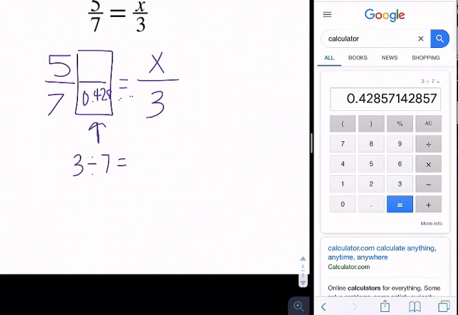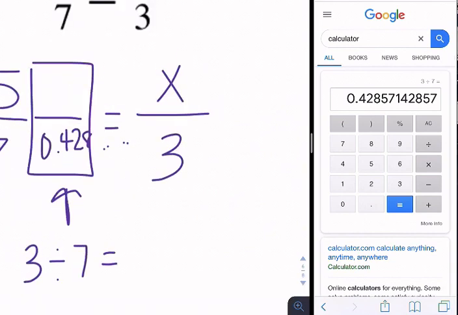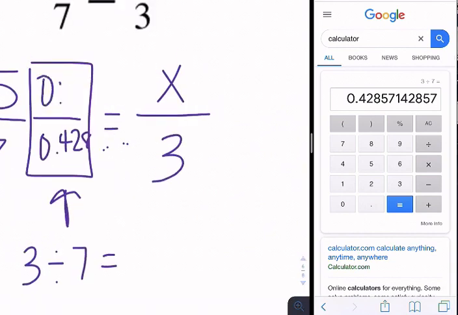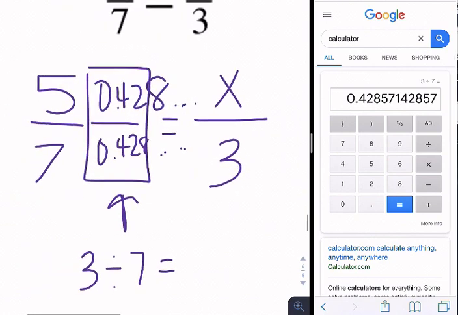So I know that this decimal is going to go in there. So I know it's also going to be 0.42 blah, blah, blah, 8 to get x. And I need to multiply that by 5. So instead of doing 0.43, I'm not going to round it, and I'm just going to do this number times 5.